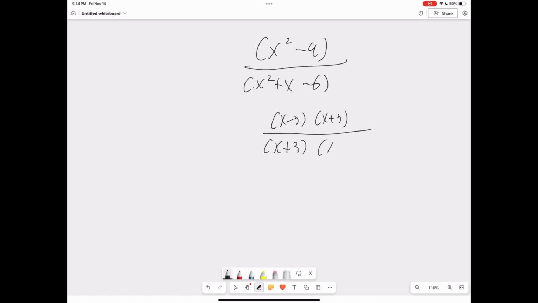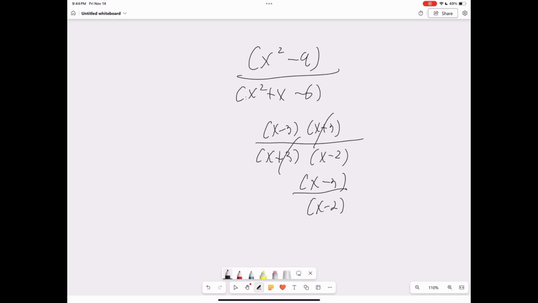So right away, you can only cancel out if it's a multiplication operation. So these cancel out. So we get x minus 3 all over x minus 2. So that's the answer. Is it? Let me see. Yeah, this is the answer.